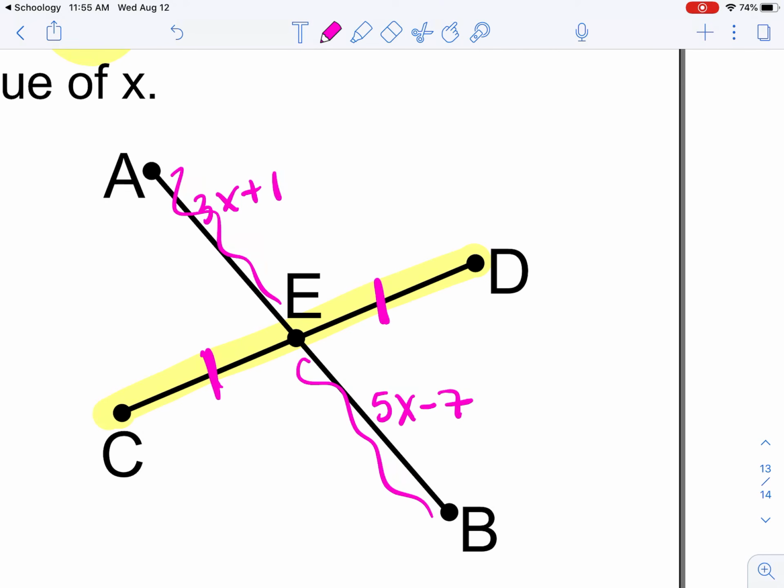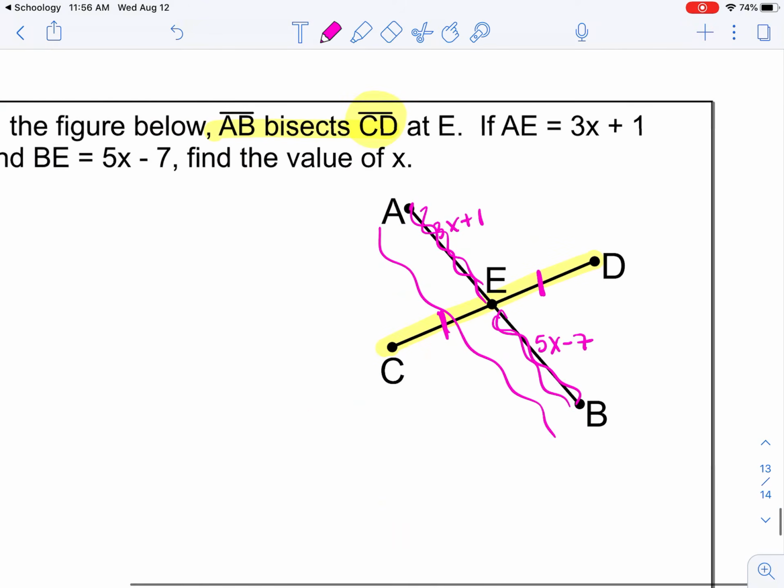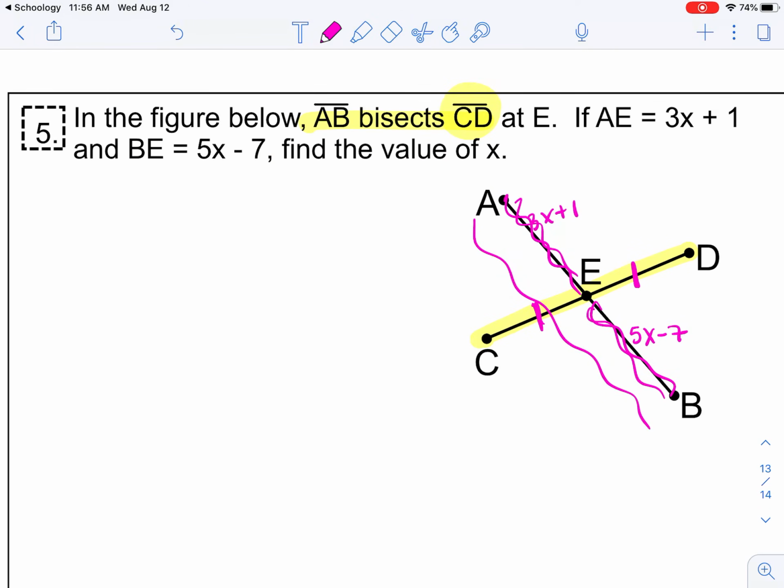So I cannot set them equal to each other. I cannot do this piece plus this piece equals the whole thing because I don't know what the whole thing is. And if you're saying it's 8x minus 6 is the whole thing, you're going to have 8x minus 6 on the other side. Everything's going to cancel. It's not helpful. So how the heck am I going to find x?